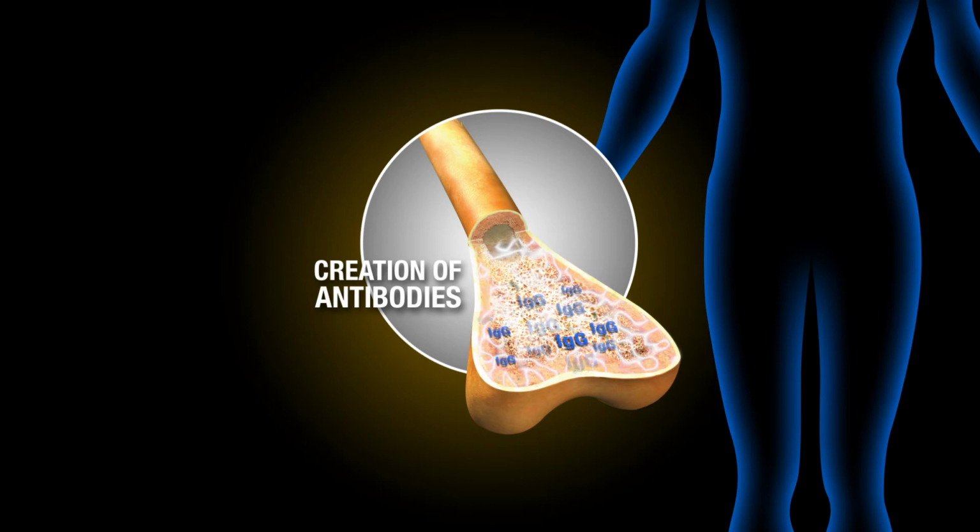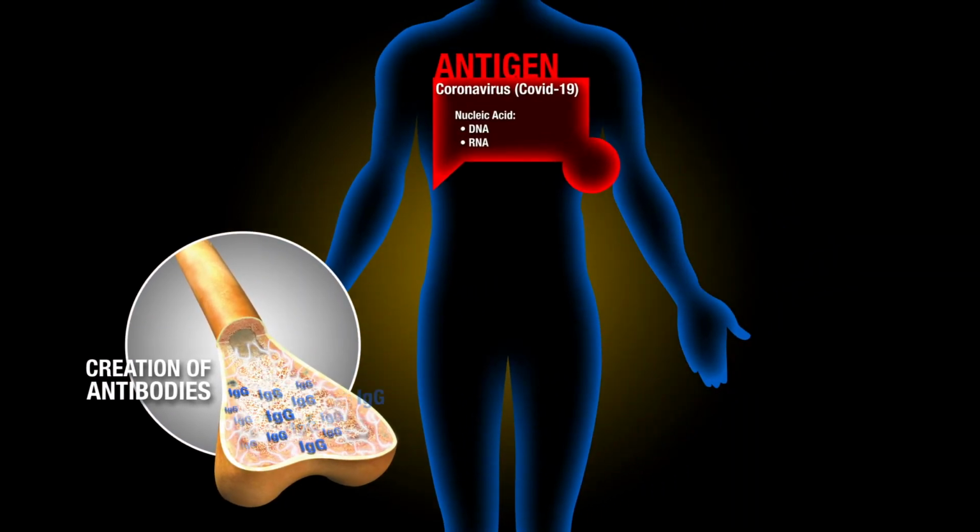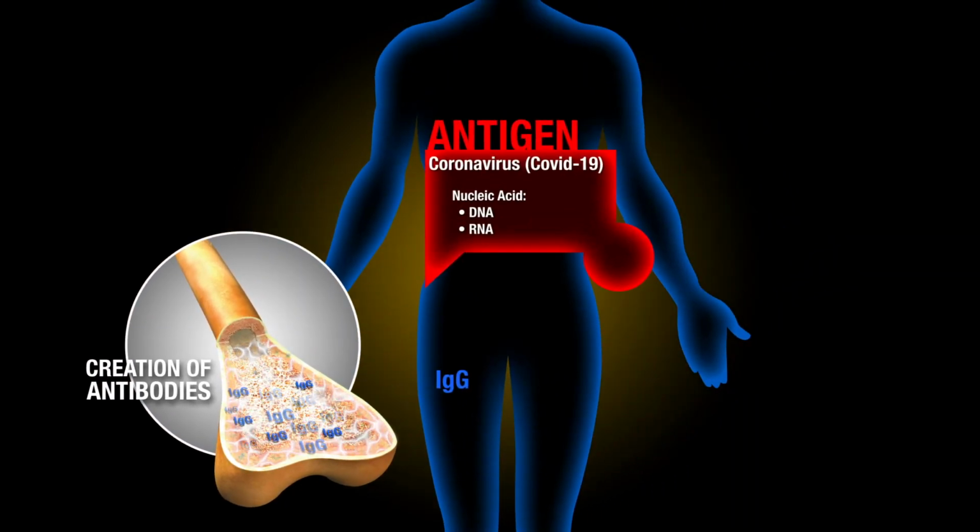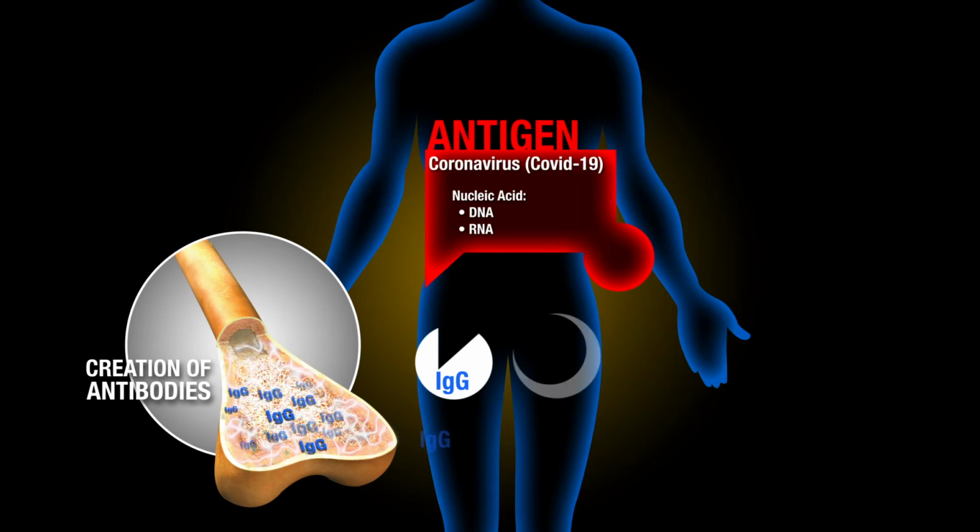It makes large amounts of IgGs, and those IgGs are specific to that particular antigen, in that if we're going to draw it, we could draw something that looks like this, and another IgG could look like this.